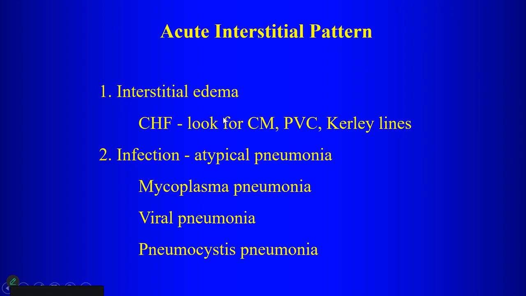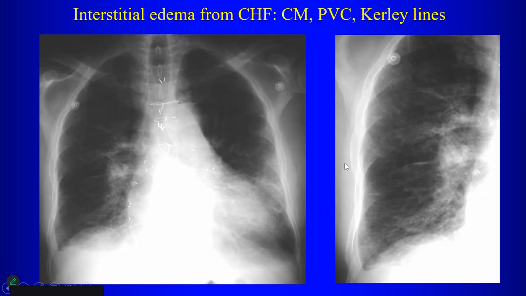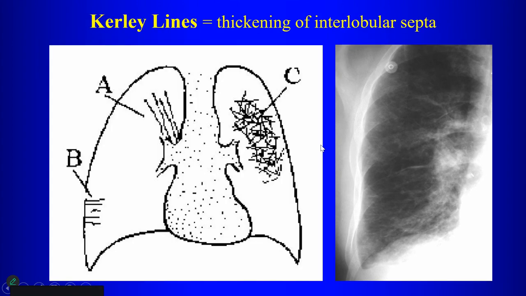So if we're thinking about interstitial edema, we look for other evidence of CHF, cardiomegaly, pulmonary vascular congestion, curly lines. For atypical infections, atypical pneumonias, viral, mycoplasma, sometimes pneumocystis. So if it's interstitial edema from CHF, Kerley B lines, vascular congestion, big heart, all of those things, if you see that on the chest radiograph, point you in that direction.